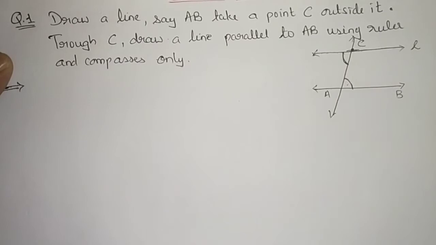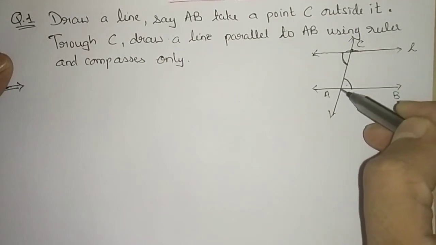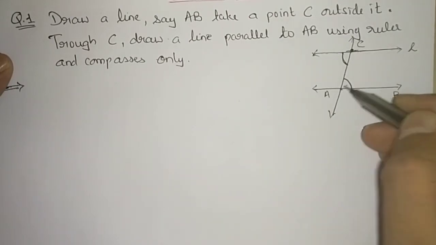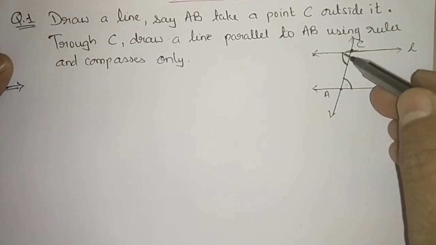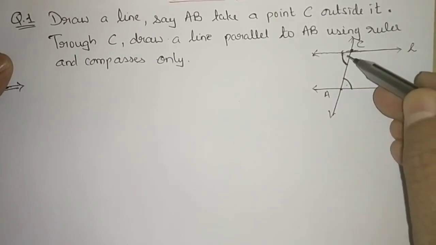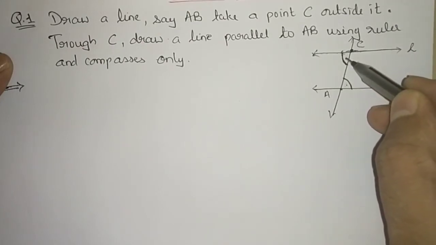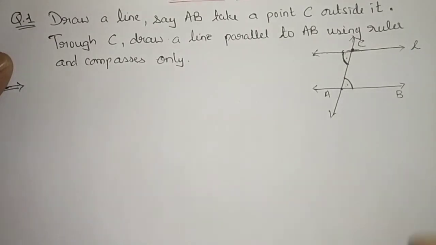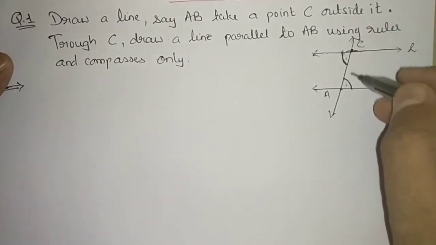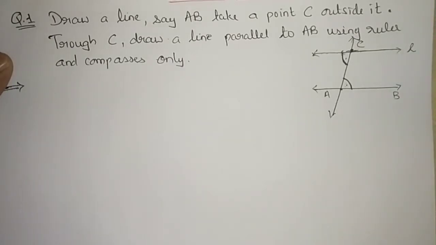That we have studied in chapter number 5. So what we will do? We will join C to one point. We will take any point here and we will join it and then construct this angle and the above angle, which must be similar. If this is 45, this will also be 45. That way we are going to construct. And if we are successful in constructing this, then we will get our construction right.